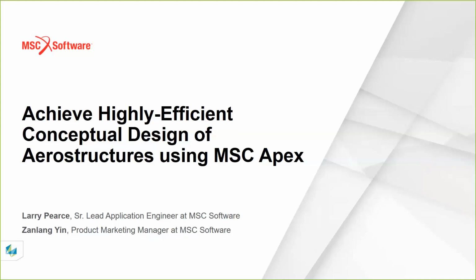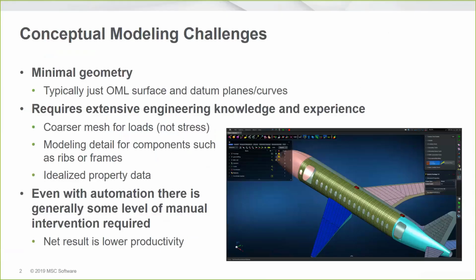So let's talk about conceptual design of aerostructures using MSC Apex, and let's get started by talking about some of the challenges that you might have when you're doing conceptual modeling. Now, MSC Apex, when it came out of the gate, has been a tool that was really designed for faster CAD to mesh, effectively faster CAD to results.